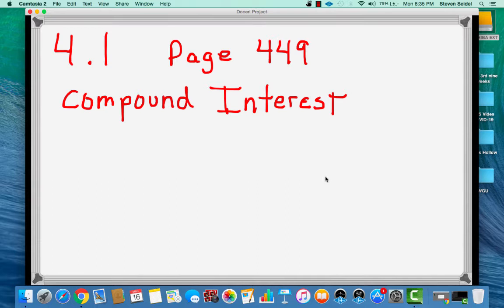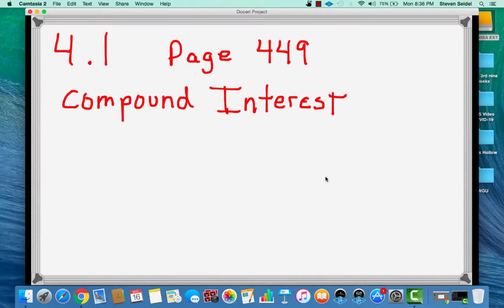Make sure you have your book ready before you dig into this video. If you look at the bottom of page 449, you'll see compound interest and what the variables represent.